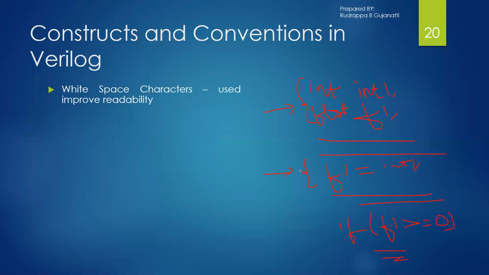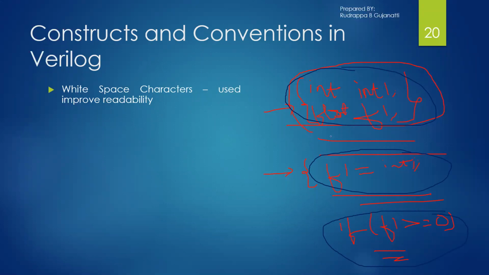So here in this part declaration is happening, here assignment is happening, and here some conditional operations are being performed. So what you're doing is you're using slash n, that is enter. You're pressing enter over here, which is similar to slash n.